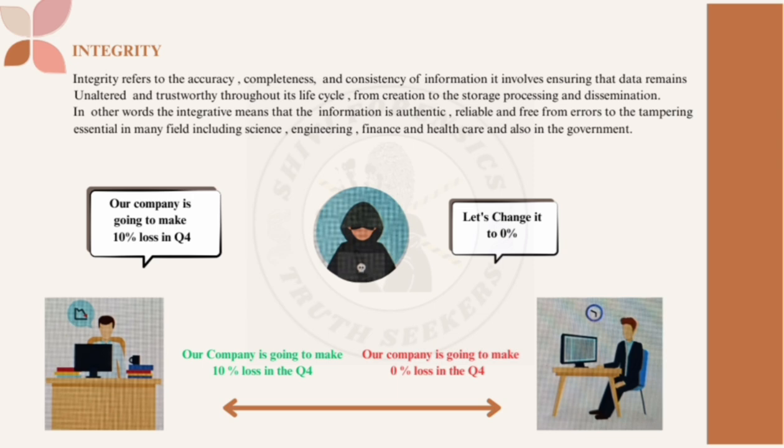It is essential in many fields, including science, engineering, finance, healthcare, and also government. If our company is going to make a 10% loss in Q4 and you maintain integrity, then others will not alter the information. That's all about integrity.